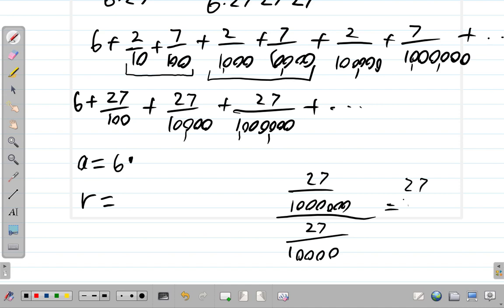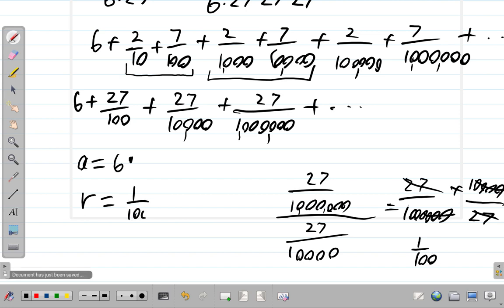What we will get is 27 over 1 million times 10,000 over 27. Cancel. We have 4 zeros. 10,000 into itself 1. Cross off 4 zeros here. And this becomes 100. So we have 1/100th. Okay, good. So this is suggesting that we have 1 over 100.